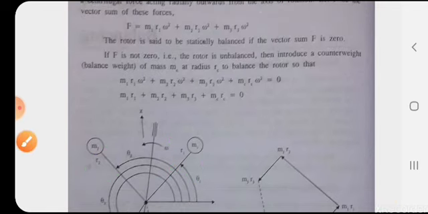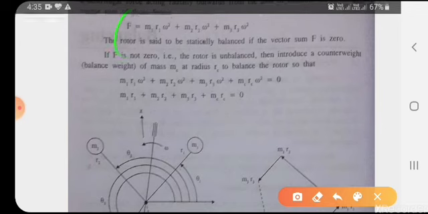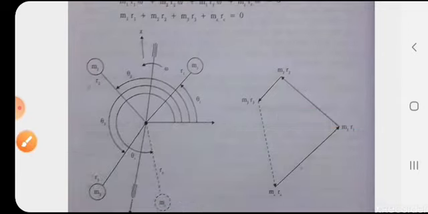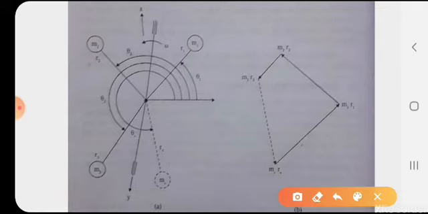Let F be the vector sum of these forces. F can be written as F equal to m1 r1 omega square plus m2 r2 omega square plus m3 r3 omega square. In this figure we used only three masses, m1, m2 and m3.